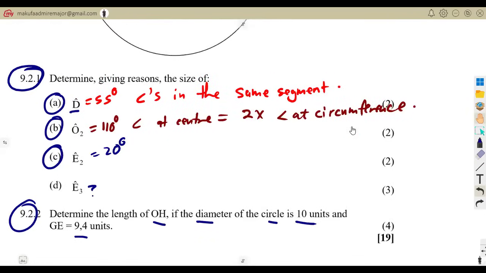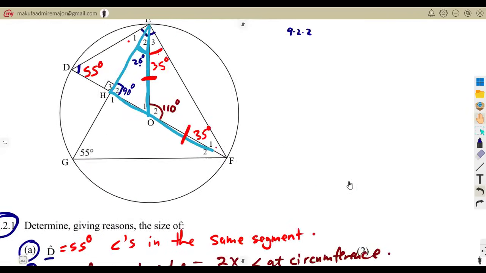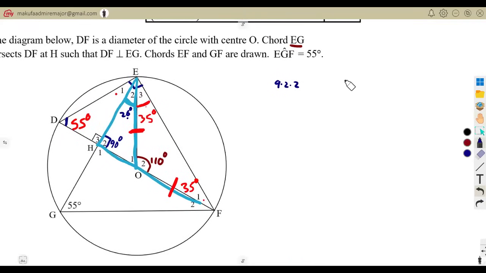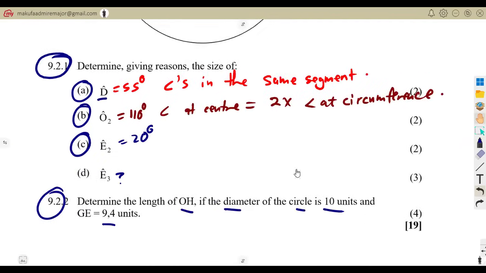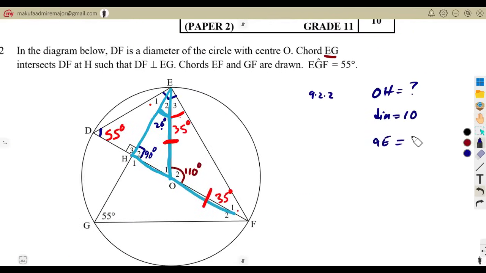We have the diameter 10 and the GE 9,4. So we need OH, given that the diameter is 10 and we are given the length of GE, 9,4 units. All right, this is the information that we have, and you have to calculate OH.